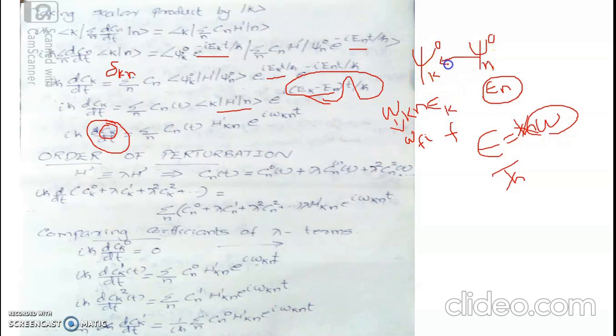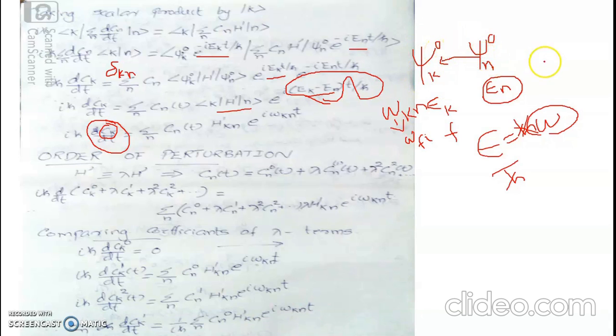Under such a situation, you can represent the wave function representing the interacting system, or the system involving the perturbation, as a linear combination of this psi k0, or all the possible psi k0s.